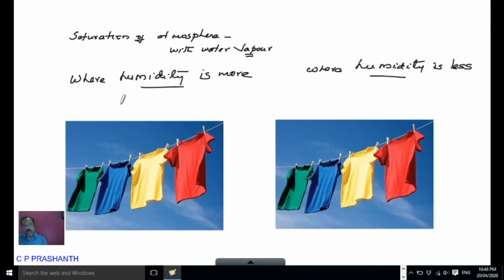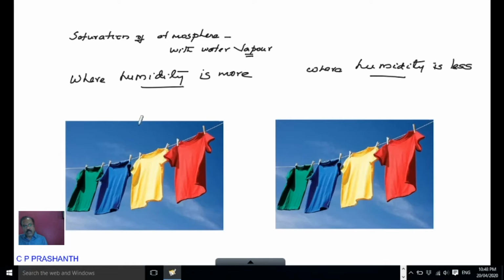Another way, it is the humidity holding capacity or water vapor holding capacity of the atmosphere. So there is a certain capacity for the air to hold the water vapor.